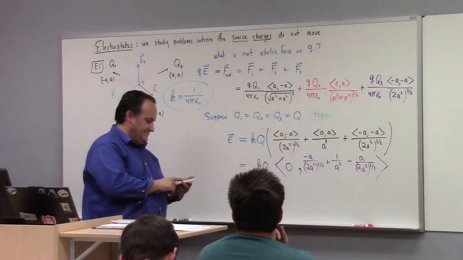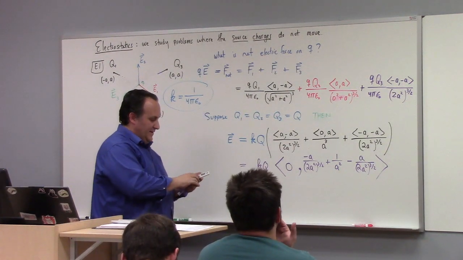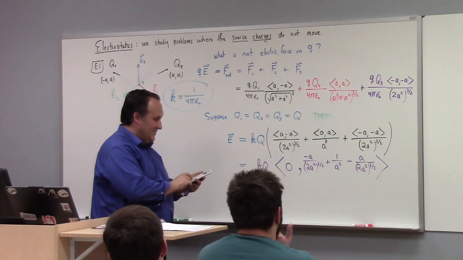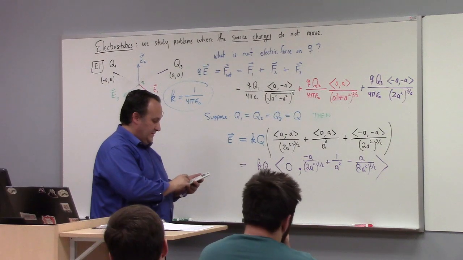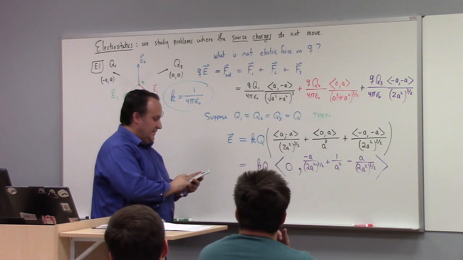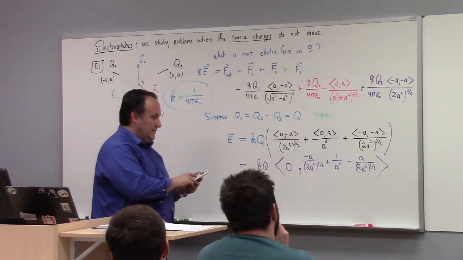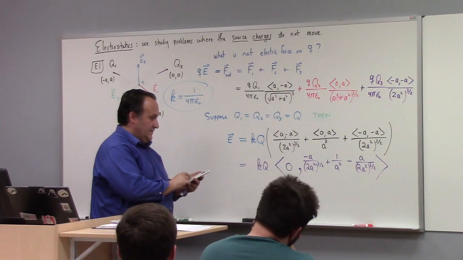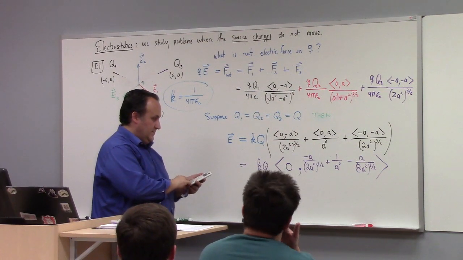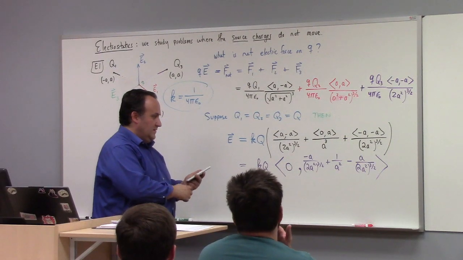Square root of 8. You're like, well, that doesn't make it better, right? So 2 to the 3 halves is about 2.82, so I've got the reciprocal of that times 2, that's a negative, minus 1.